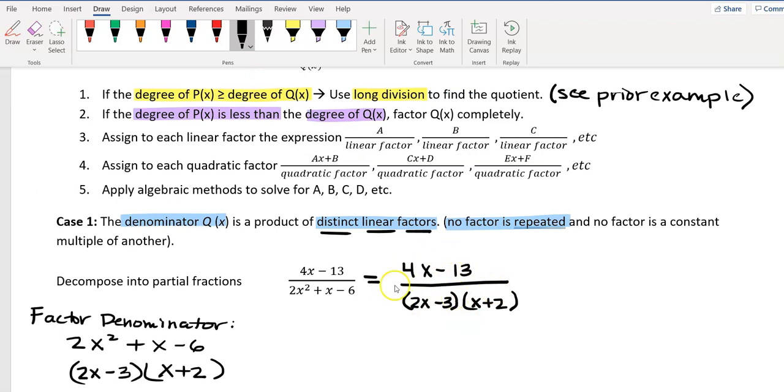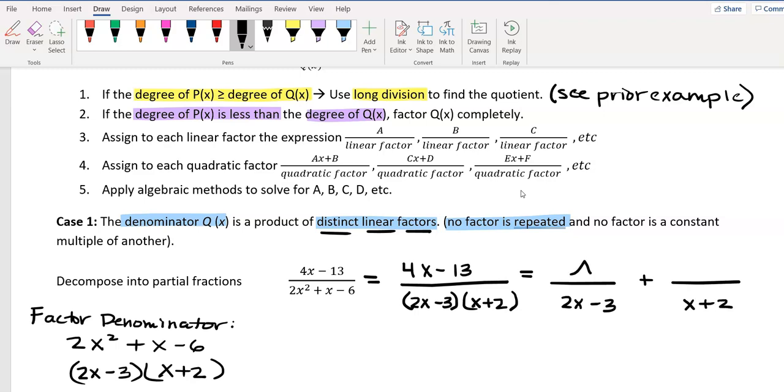Now that we've rewritten this expression, we're going to go up here and look at our directions, and it says that when you're dealing with linear factors, you're going to express it using A over one of your linear factors, B over your other linear factor, and however many linear factors you have would be how you would break it up. So we're going to write this as A over our first linear factor, 2x minus 3, and add that to B over our second linear factor, which is x plus 2.